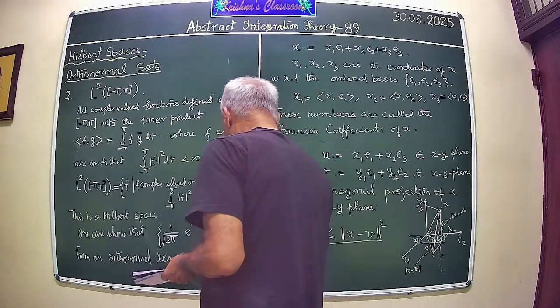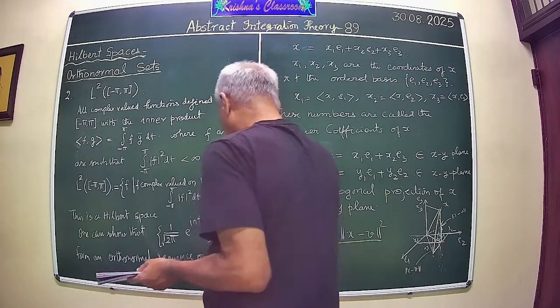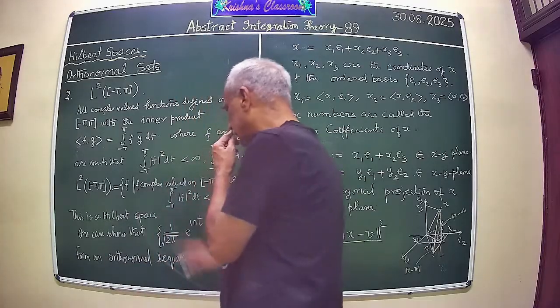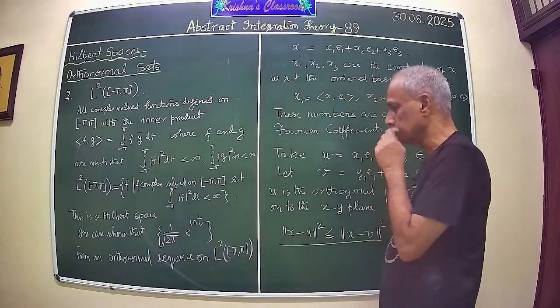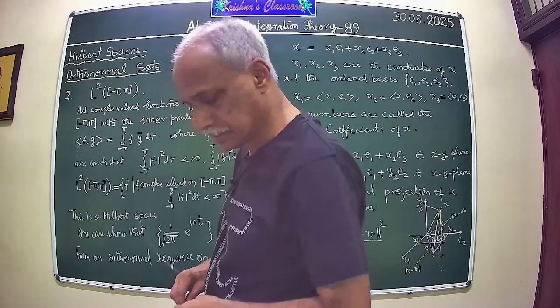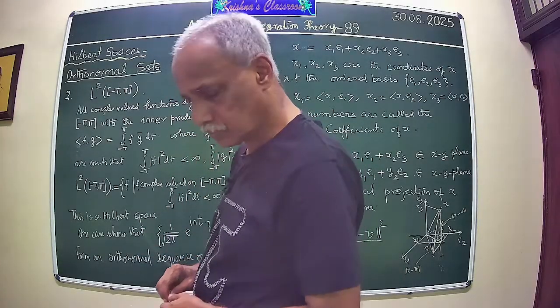So this is the orthogonality property, combined with normalization, you get this result. Okay, that's quite easy to check, and this is a very classical result.